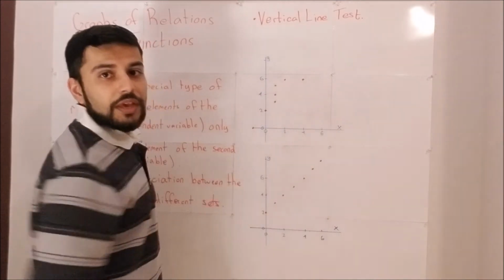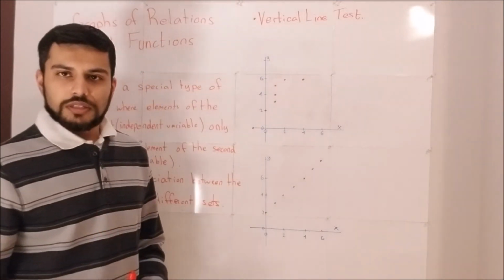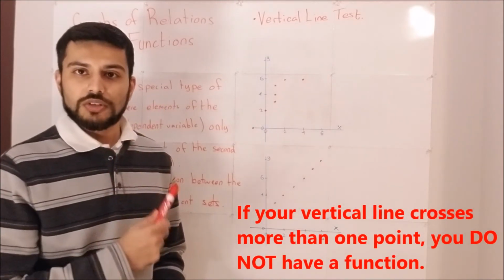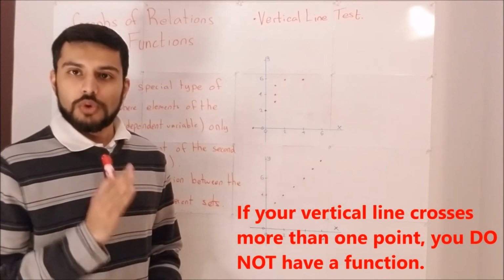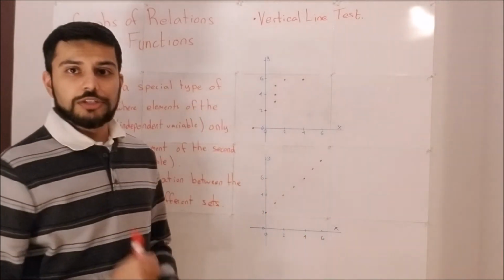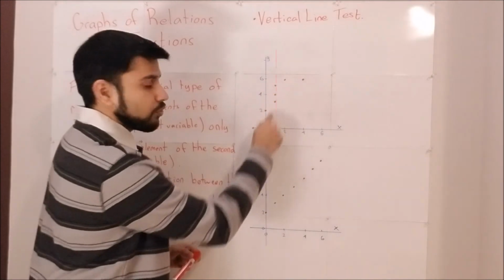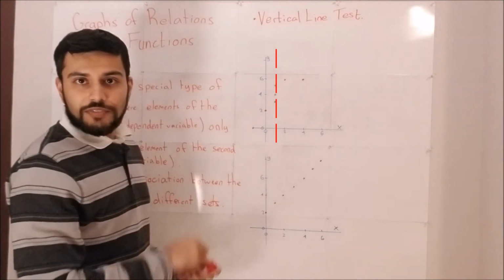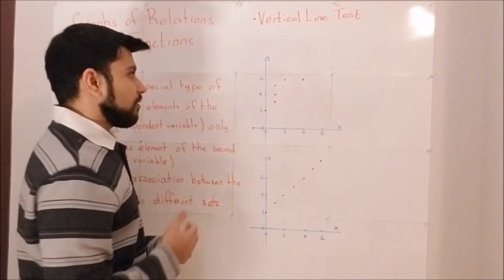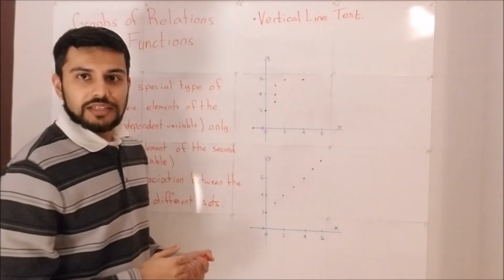Just like that. And if at any point your vertical line crosses more than one point on your graph, you do not have a function. Now in our first example here, it should be obvious. There's a straight line right over here. And if I was to draw a vertical line over top of that, you'll see that it fails my vertical line test.